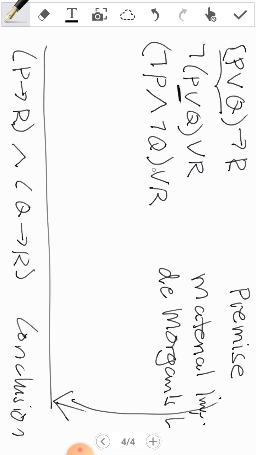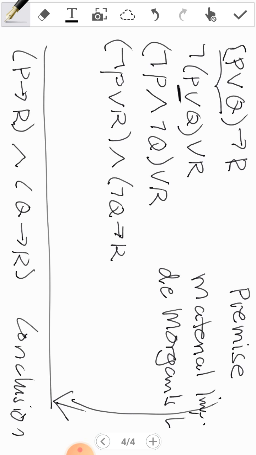But anyway, by distributive property, if you will imagine distributing R to each of these, we now get not P. Okay, so we're looking at the distributivity of OR over AND. So we now get not P or R and not Q or R. Oops, let me erase that.